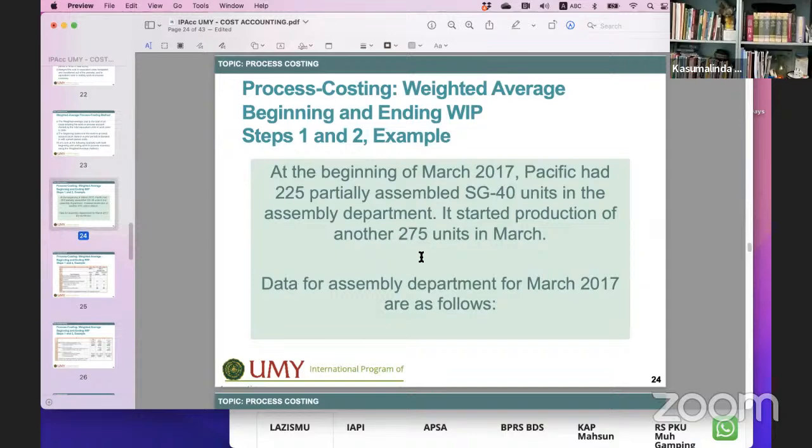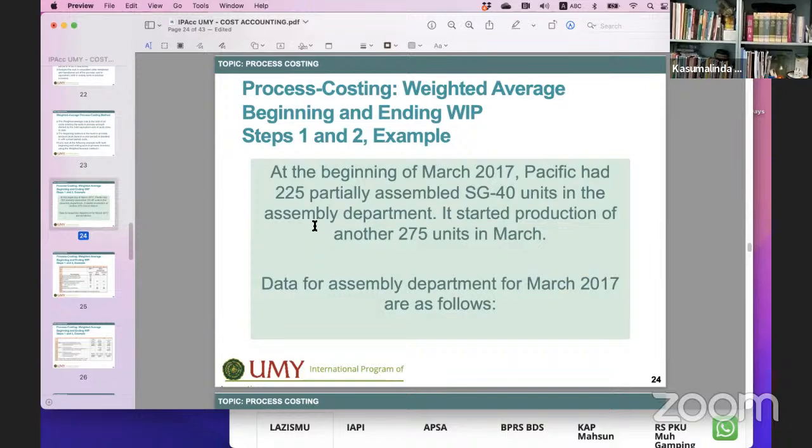The difference is that in this example we have beginning work in process units. Previously the beginning work in process was 0, but now there are some figures. So we use the information given at the beginning of March.